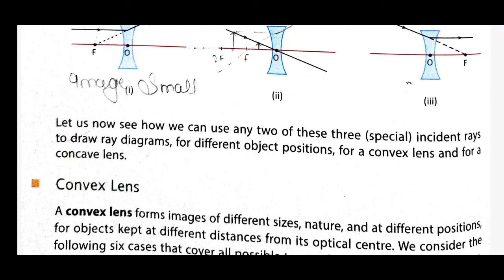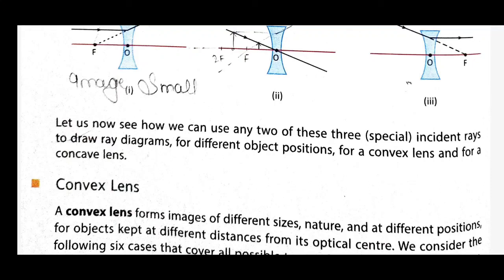Define the center of curvature of a spherical lens. Define the radius of curvature of a spherical lens. Discuss the special property of the optical center. You know, a special property of the optical center is that when an incident ray passes through the optical center, it passes in a straight path without any deviation.